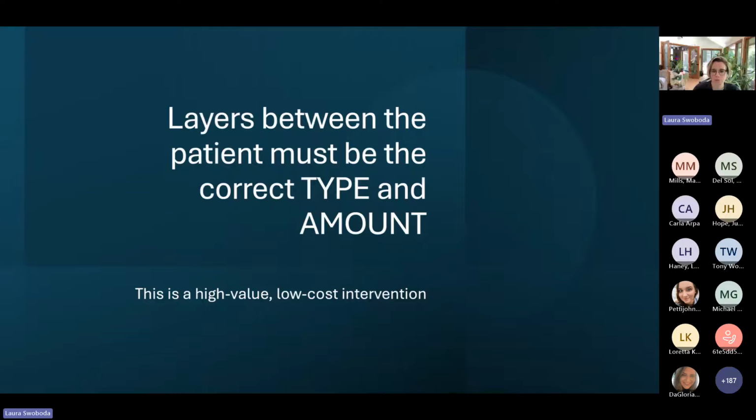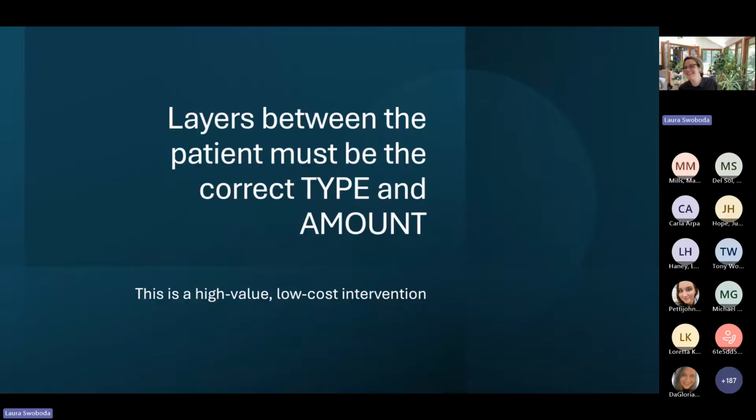The layers between the patient have to be the correct type of layer and also the correct amount of layers. And this is really, when you're looking at intervening in this realm, what you're looking at. Now, this is a really high value, low cost intervention. Administration loves it because you're not generally buying new things.